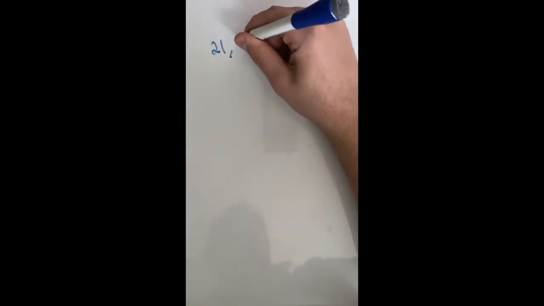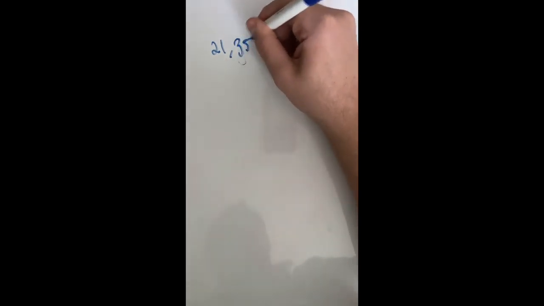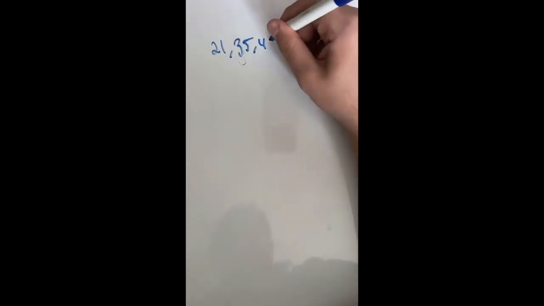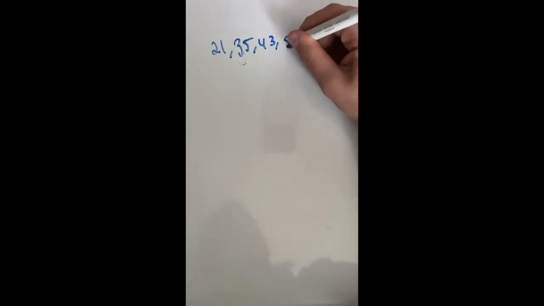Anyways, so let's just say I gave you a list of numbers. Let's say I gave you the list of 21, 35, 43, 57, and 64.